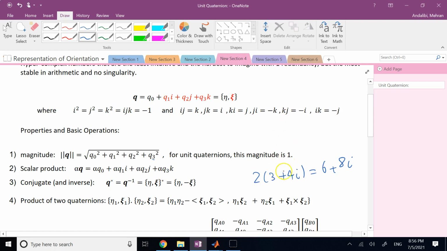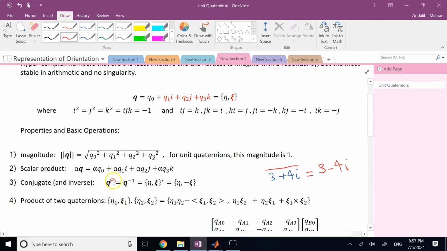Also, again, similar to the complex number, we have a conjugate. And also here you will call it inverse, and we'll talk later about it. But what's the conjugate? Remember, for a complex number like 3 plus 4i, when we applied the conjugate to it, the real part stayed the same, but the imaginary part was negated. The same here. For the conjugate of quaternions, I'm not going to use a bar, I'm going to use a star.